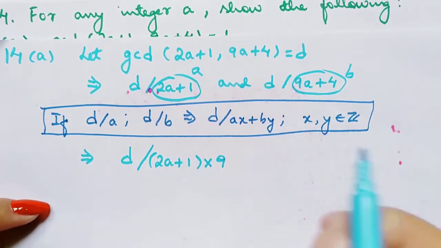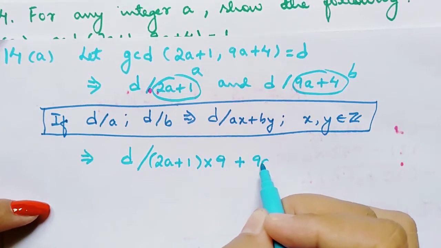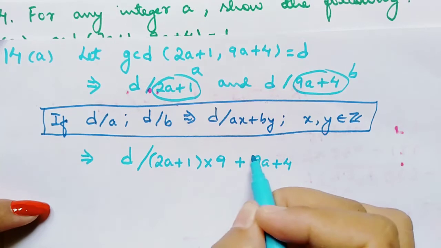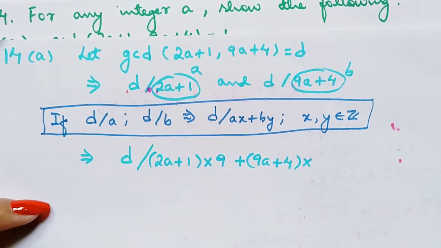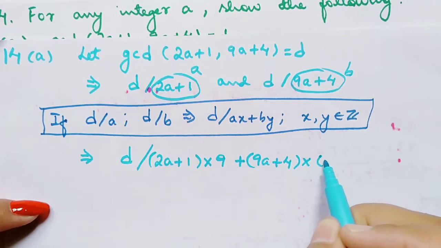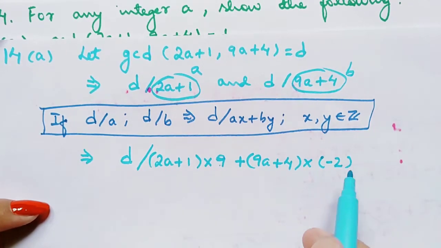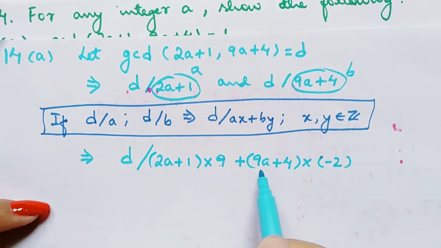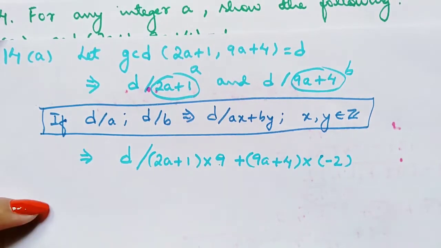This is our X, and then our B is 9a plus 4. Now here we have to find the value of Y. Clearly our Y would be minus 2, because from here we have 18a, and if we multiply by minus 2, then here we have minus 18a, so that there would be no term containing a.